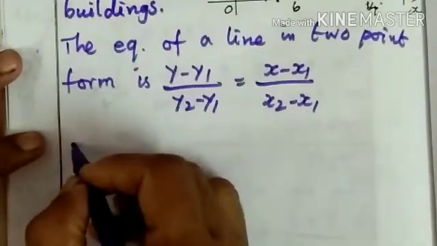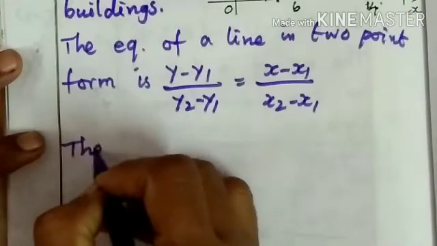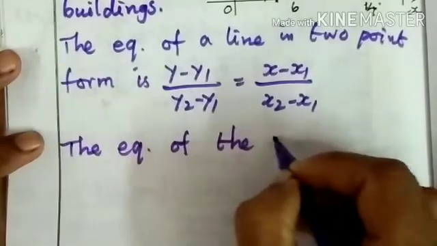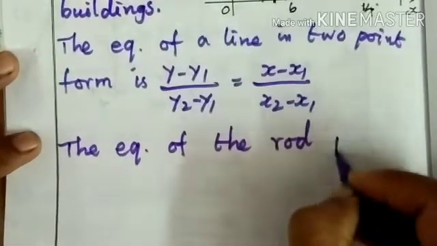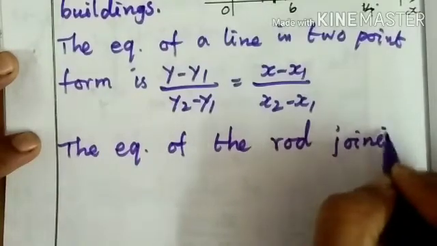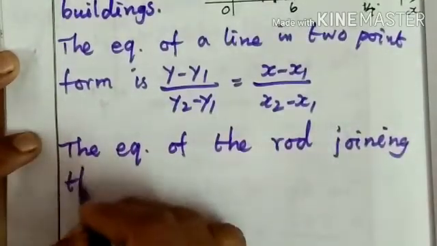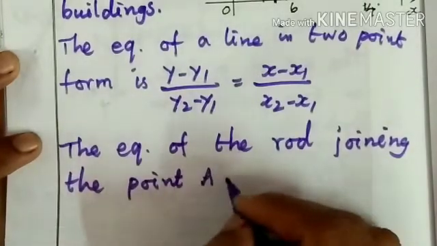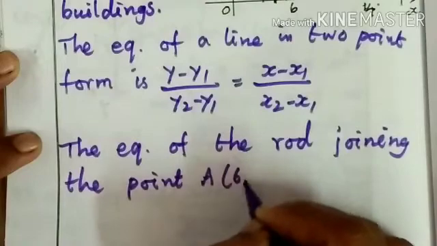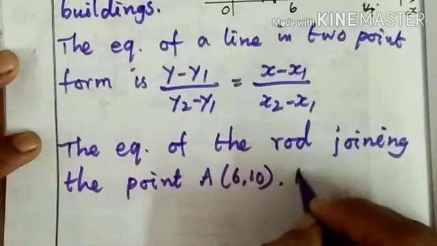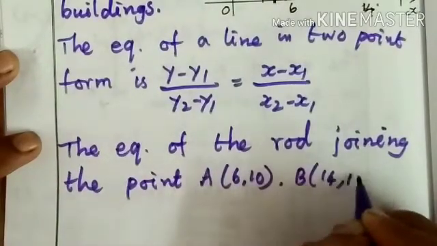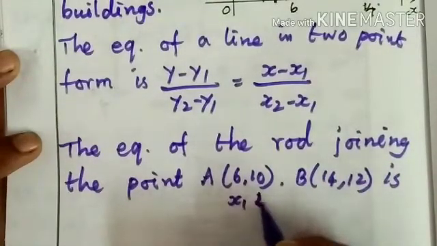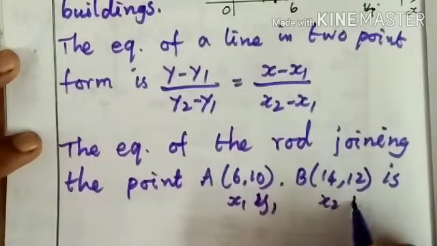Now, the equation of the rod joining the points A 6, 10 and B 14, 12 is, let us assume these points x1, y1, x2, y2.